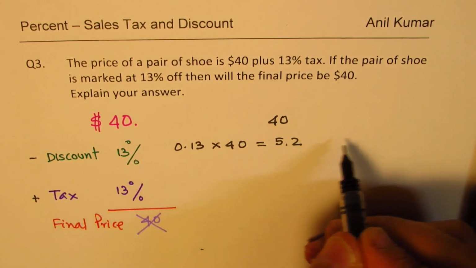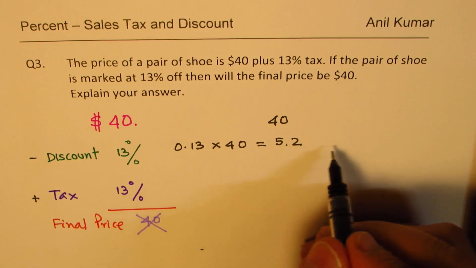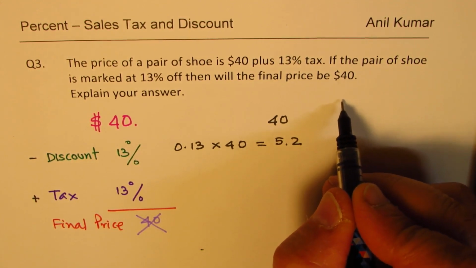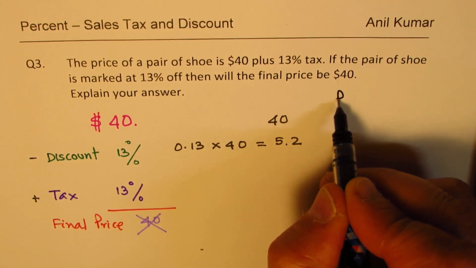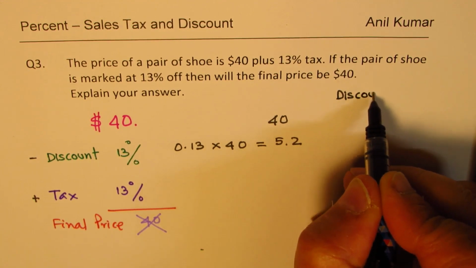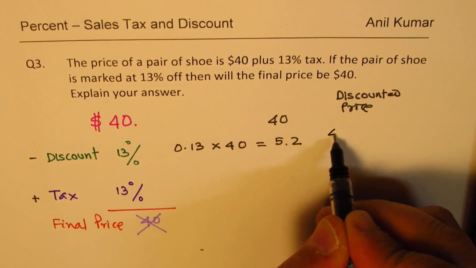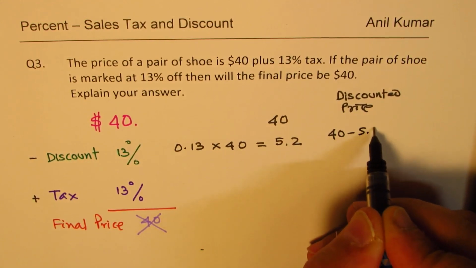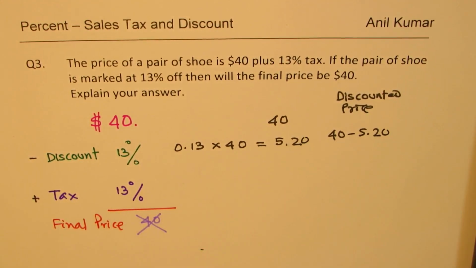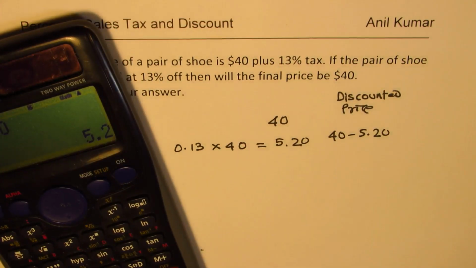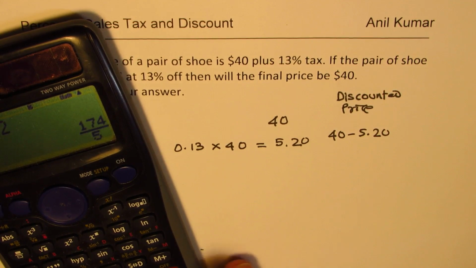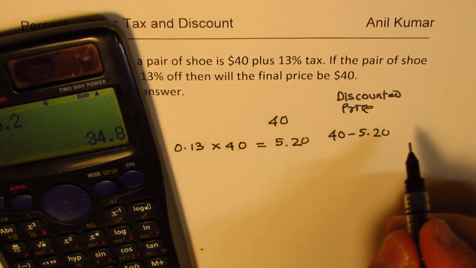So if you take away the discount, what do you get? So the discounted price will be 40 take away 5.20, which is, in decimals, 34.80.